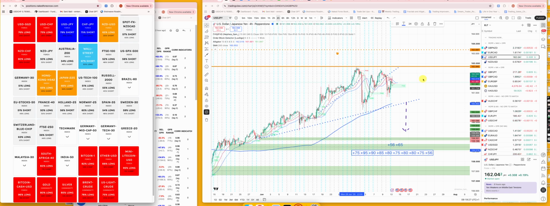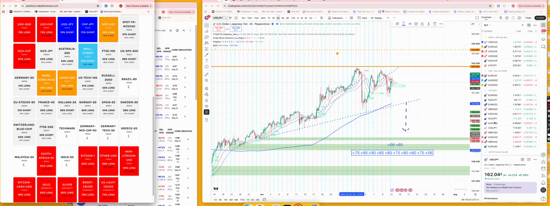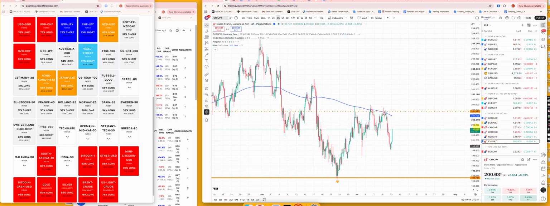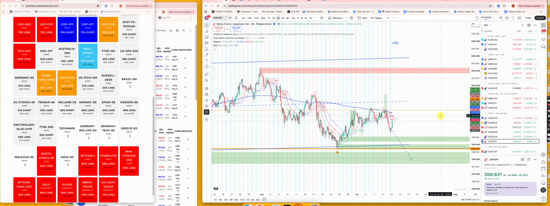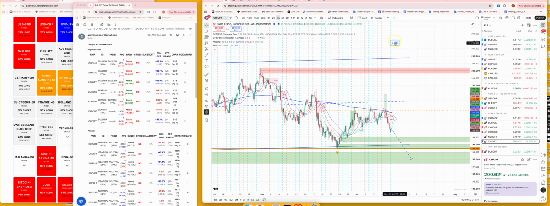All right, Swiss yen. Sorry, let me just double check. So we've got the moving average, we've got the relative OPR, and we've got the OPR, so that's correct. Let's have a look at Swiss yen. Why did we move it down there? Because we don't have the moving average. Let's see, Swiss yen plus 33.